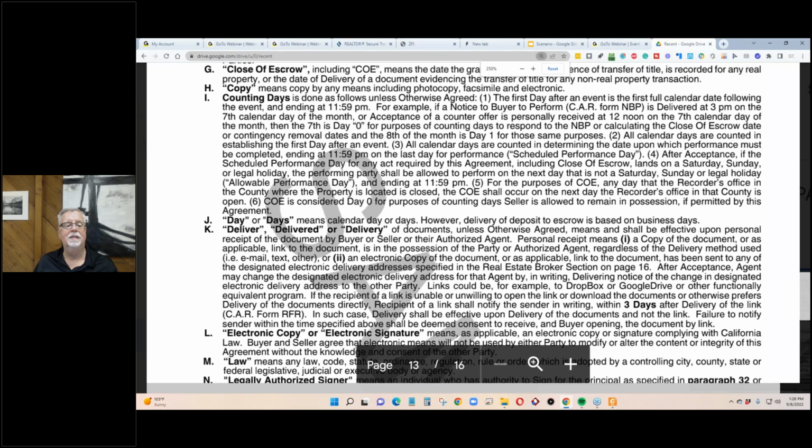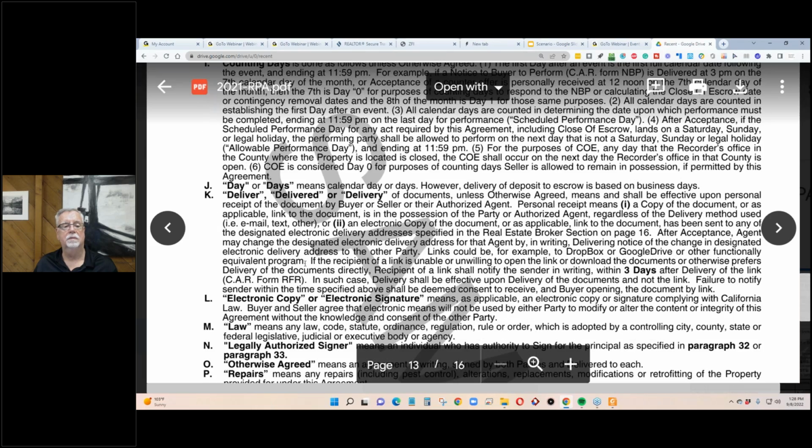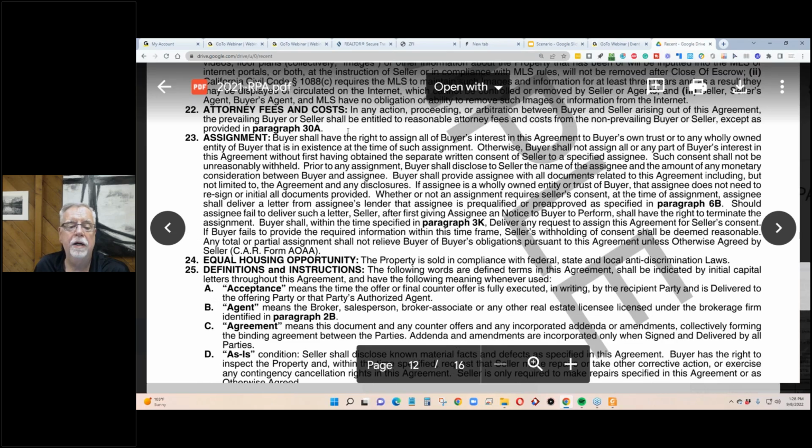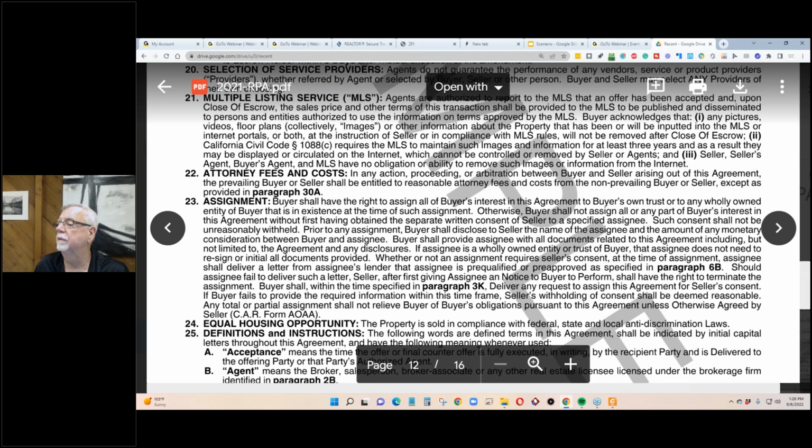And what it says, 23, I know it's here, 23, it says, buyer shall have the right, here, let me get my little spotlight. Buyer shall have the right to assign all of buyer's interests in this agreement to buyer's own trust or to any wholly owned entity of buyer that is in existence at the time of such assignment.